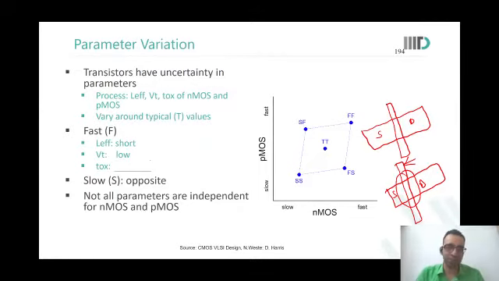What about TOX? TOX should also reduce, because you need to increase the COX. If the TOX reduces, it increases the COX, which leads to more current.